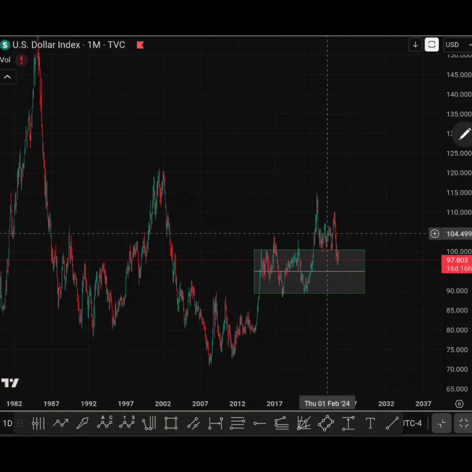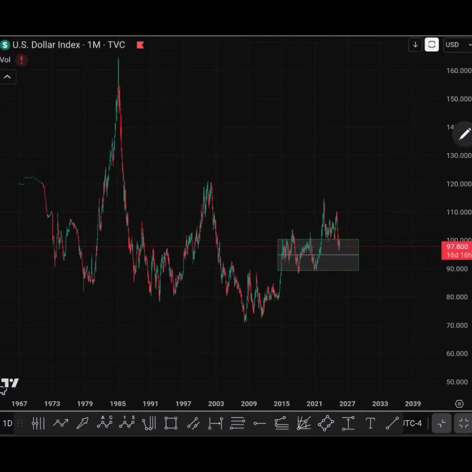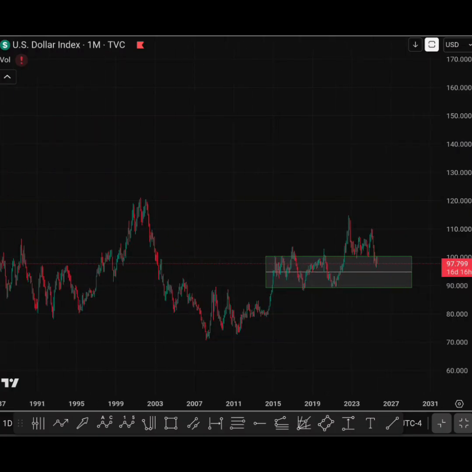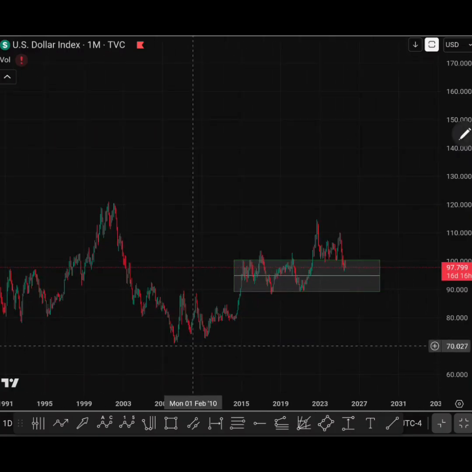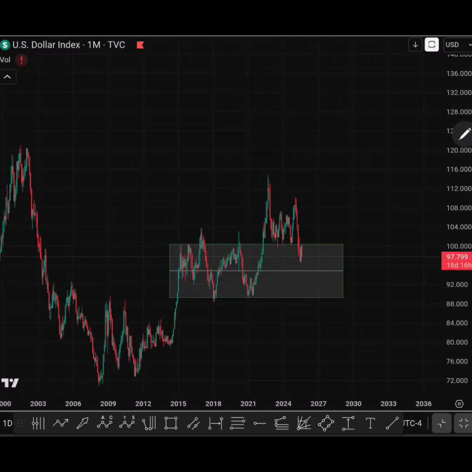And now we're getting a reaction here, potential redistribution, an upthrust for liquidity, and then back inside the trading range. This is a very long time frame, so it's not really tradable, I guess. But it kind of looks like the dollar has completed a move up. Let me draw it out for you.